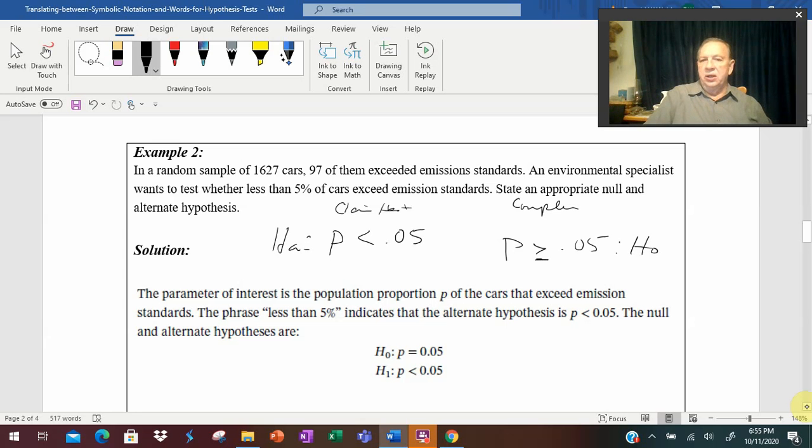And again, in ALEKS, they like doing it this way as well. But this is really saying that you're testing for greater than or equal to versus less than. Okay, but when it fails this, it's going to fail all the other ones in there as well.